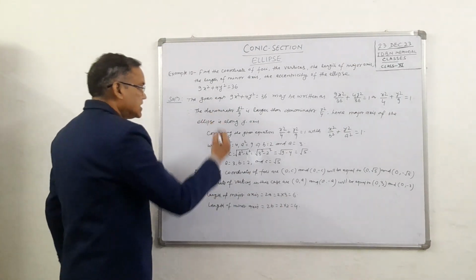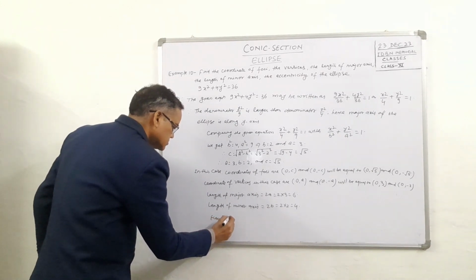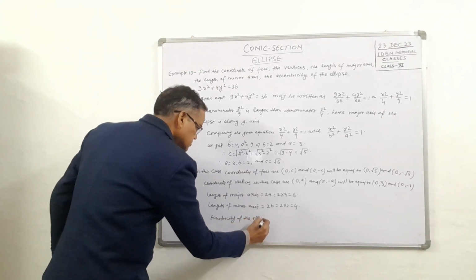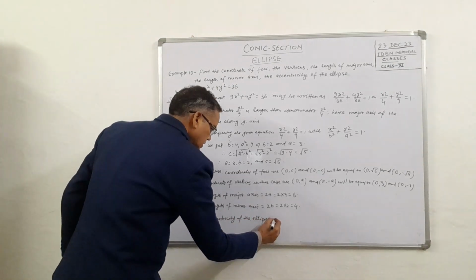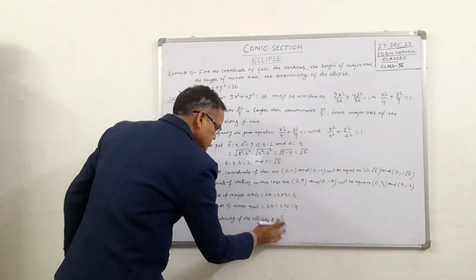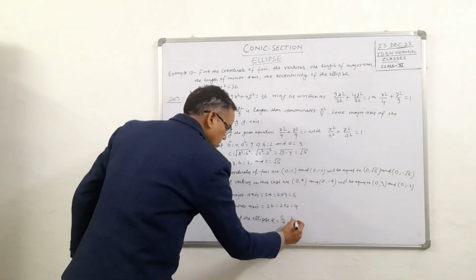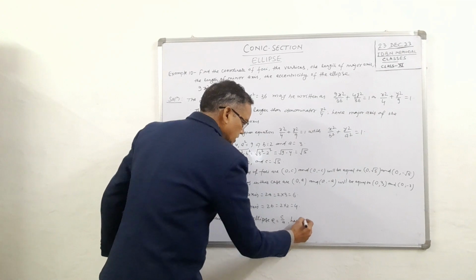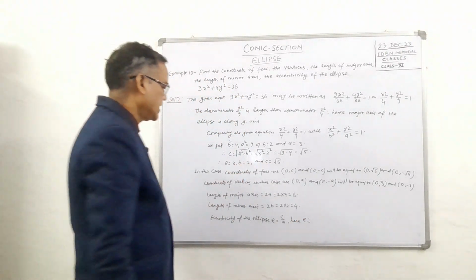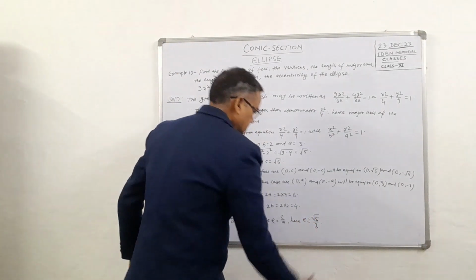Now eccentricity of the ellipse, e equal to c by a. Here e will be equal to c की वैल्यू कितनी है, √5 by a 3. So this is under root 5 by 3.